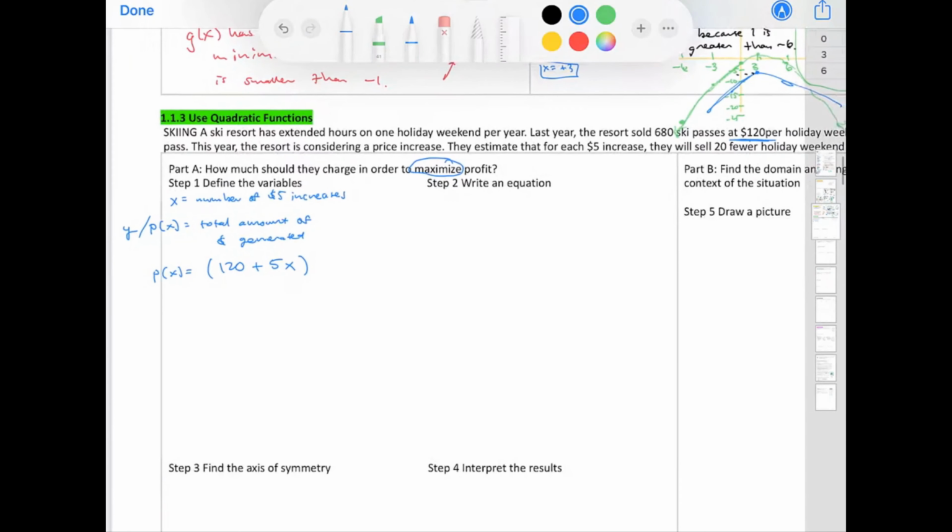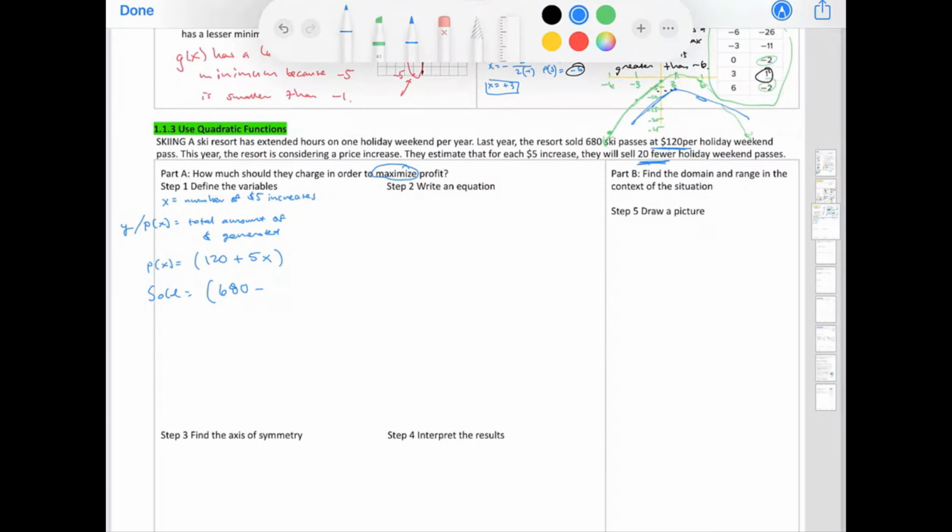And then the sold passes is going to be, well, I had 680 of them, but those will decrease 20 fewer, so subtracting 20 from the number of $5 increases. So my equation is just going to be P of x equals those two binomials.